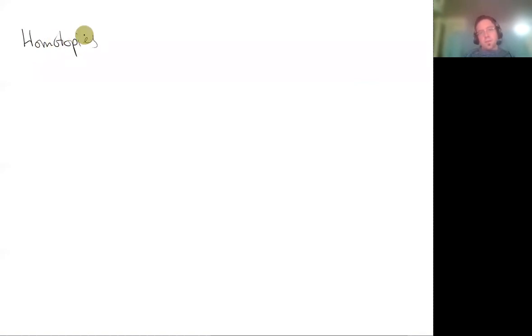Actually, I'll give one more example to motivate things first. So here's another example. We can define the negation on the Booleans. I'm just going to call it neg here, to save a little bit of writing.